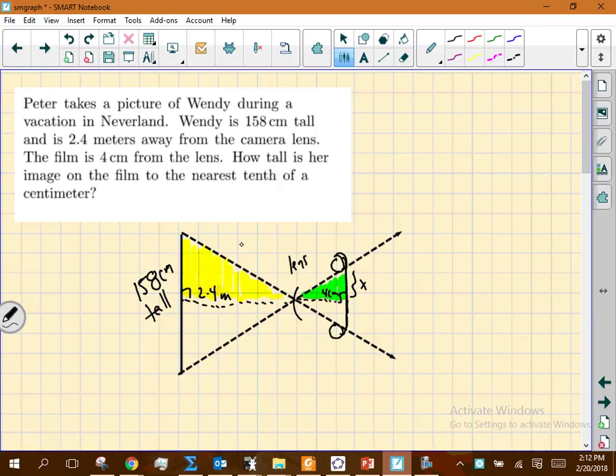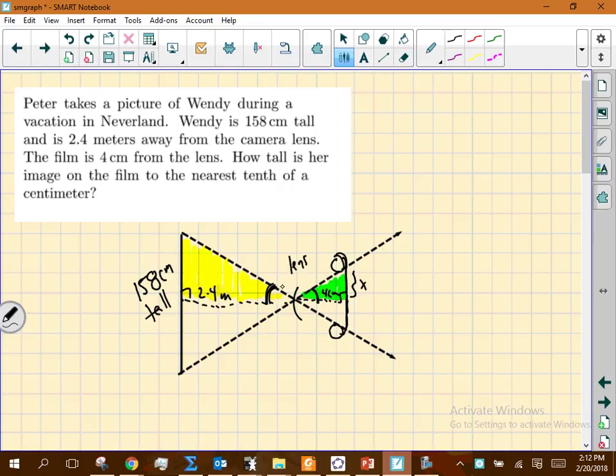If I'm doing this, would you agree that that angle right there and that angle right there are the same? They're vertical angles, aren't they, with the dotted lines? Well, if I cut that one in half and cut that one in half, are those halves still the same?